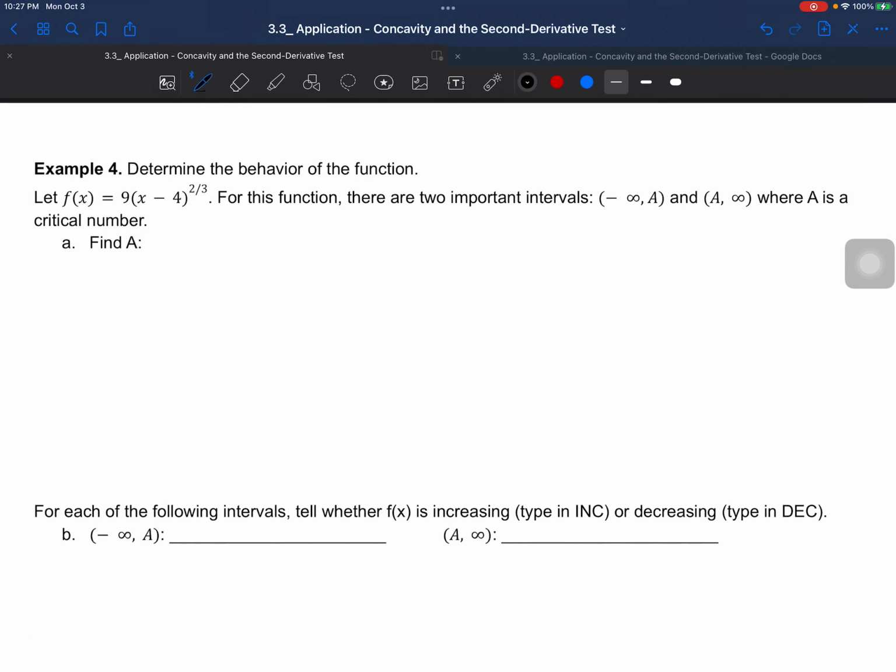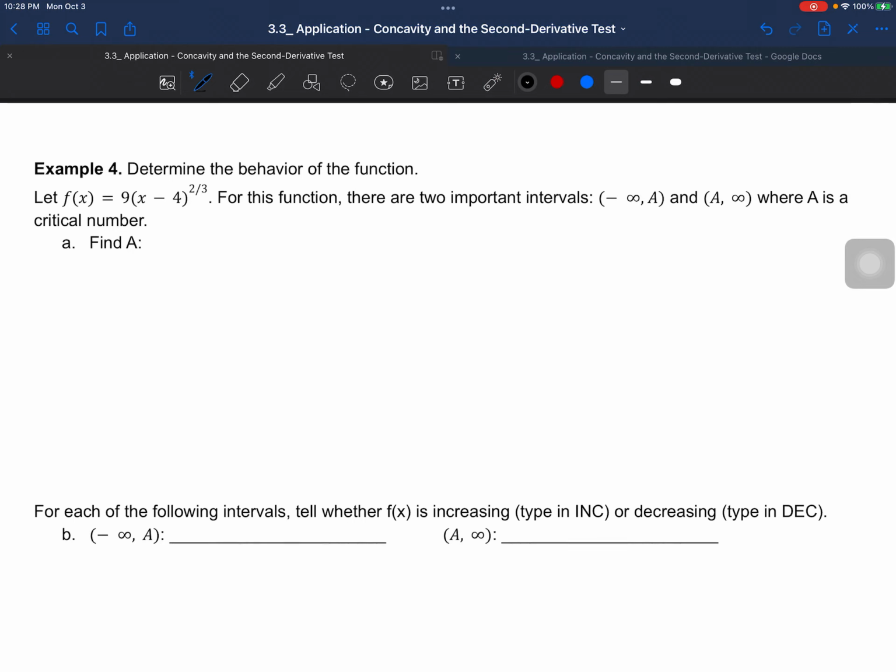So let's begin. So this is very similar to example number 3, except for the type of function that we have. But the process is very similar, right? So let's begin by finding the critical numbers. In this example, they kind of give us that we're going to be able to separate into two intervals. We don't have to know that in order for us to do this problem.